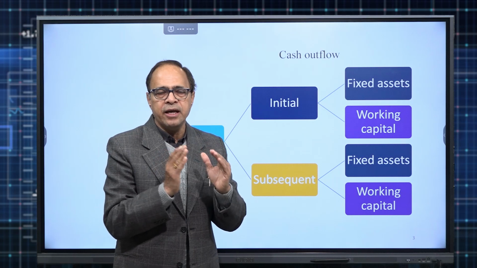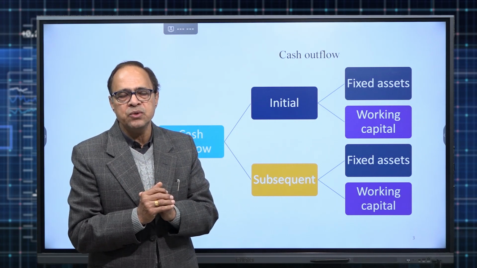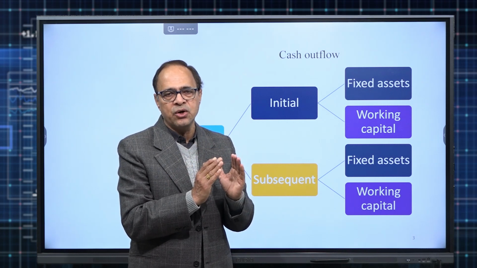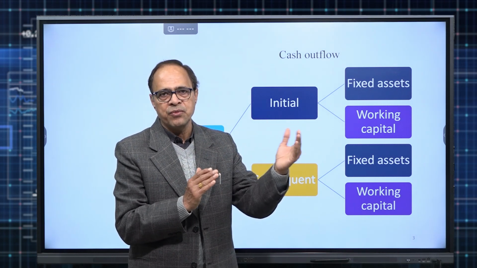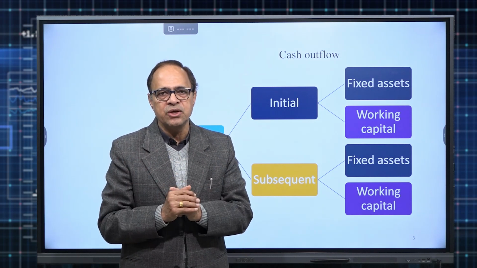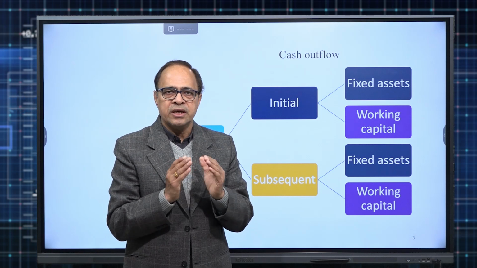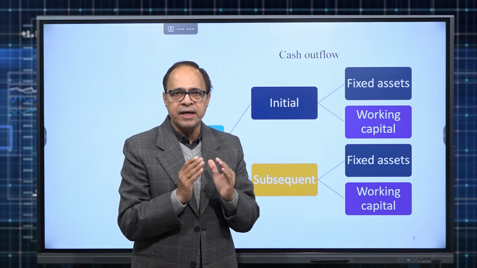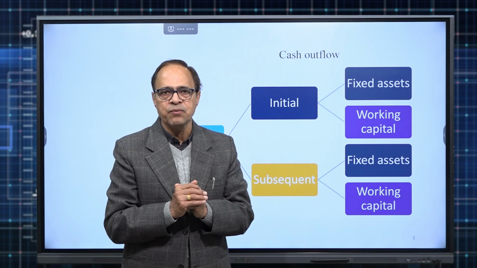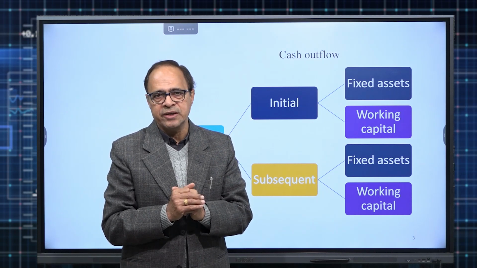If I define NPV, that is net present value: net present value is the difference between the sum total of present value of future cash inflow minus the sum total of present value of cash outflow. It means to say, whatever cash inflow is likely to be generated from a project, that is operating cash inflow as well as terminal cash inflow, you have to estimate that.